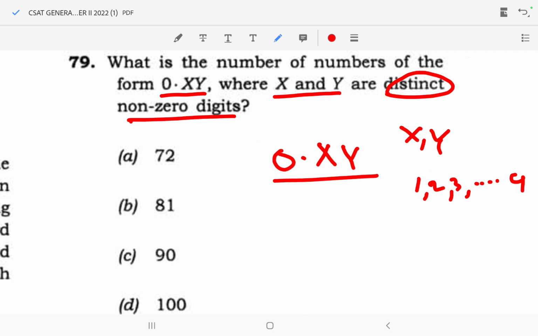Now what is it saying? Where x and y are distinct non-zero digits, it means the values of x and y can take from 1 to 9.